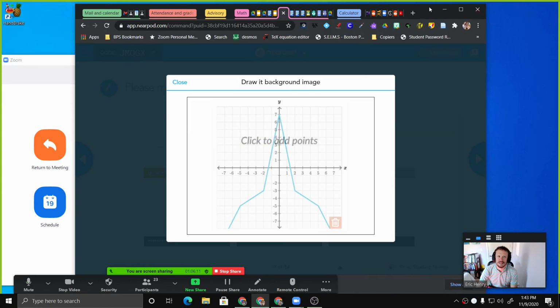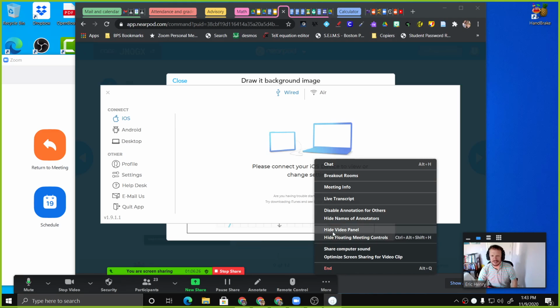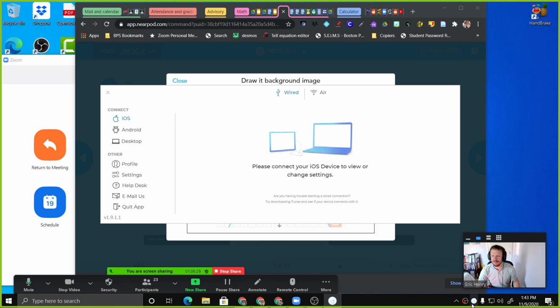I minimized it though. Doesn't mean it's not running. And now I go to Duet and I say disconnect, which seems to always cause a problem, but it worked this time. Computer, it's working for me. Duet. And I go to iOS.